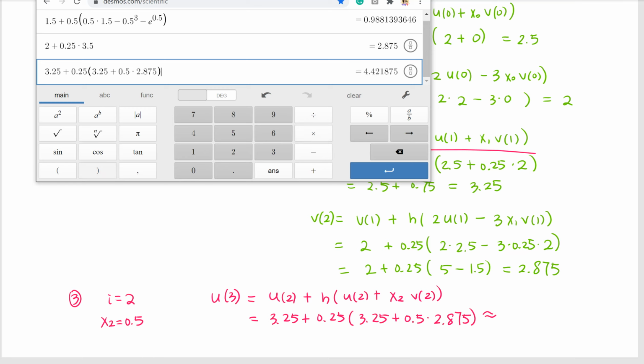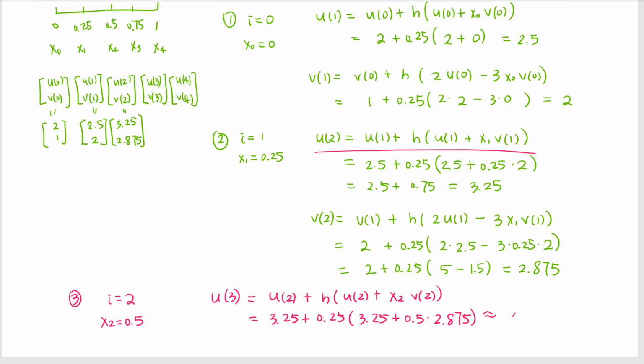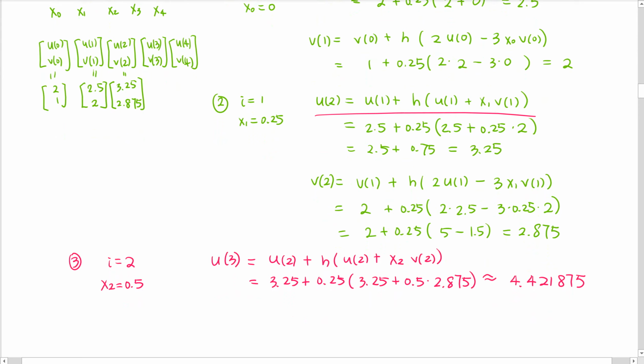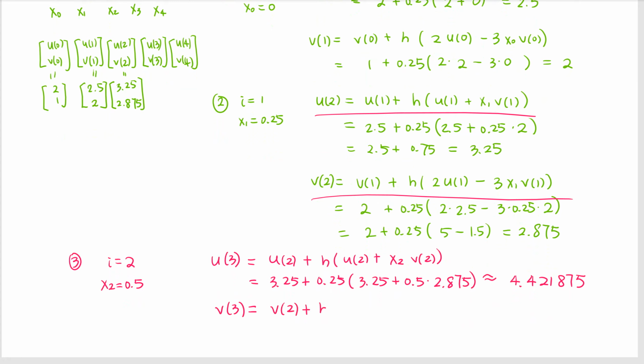Okay, so the answer is 4.421875. Okay, that's u3. Now how about v3? Well, it's going to be these same formulas, same thing, increase the index.